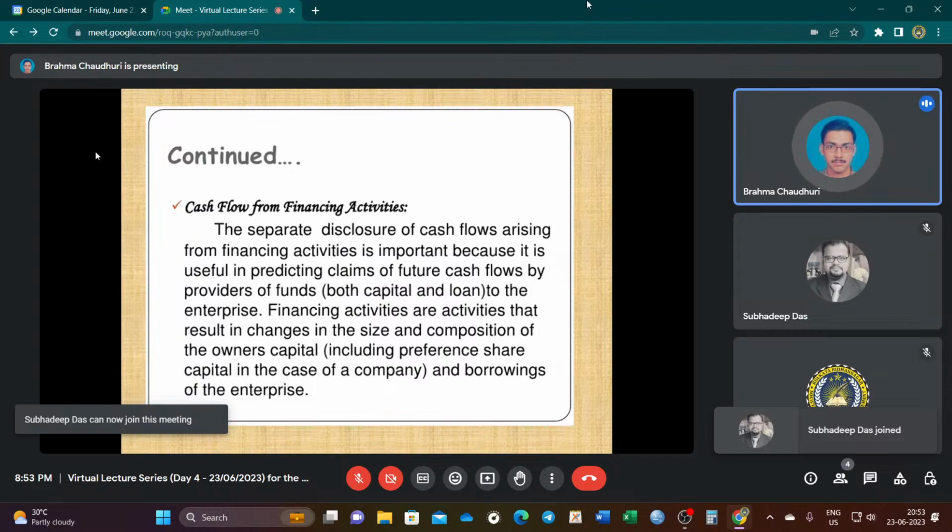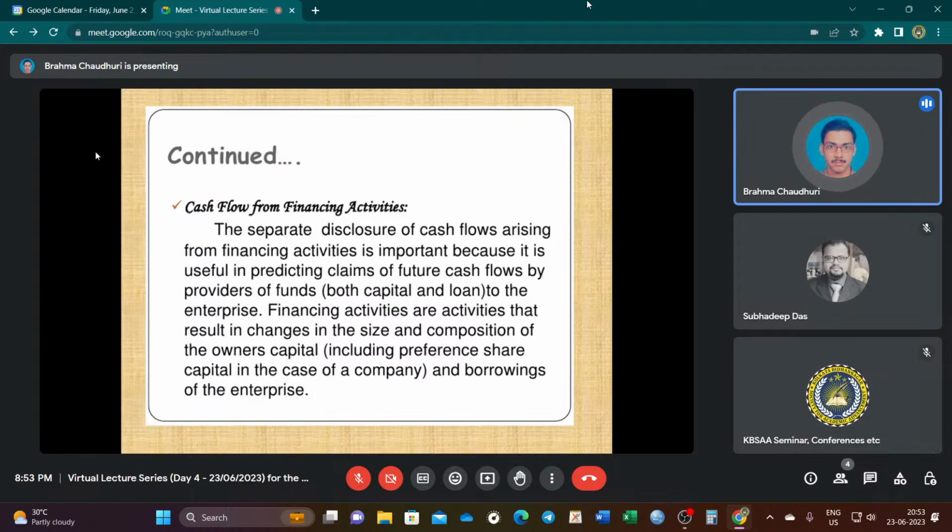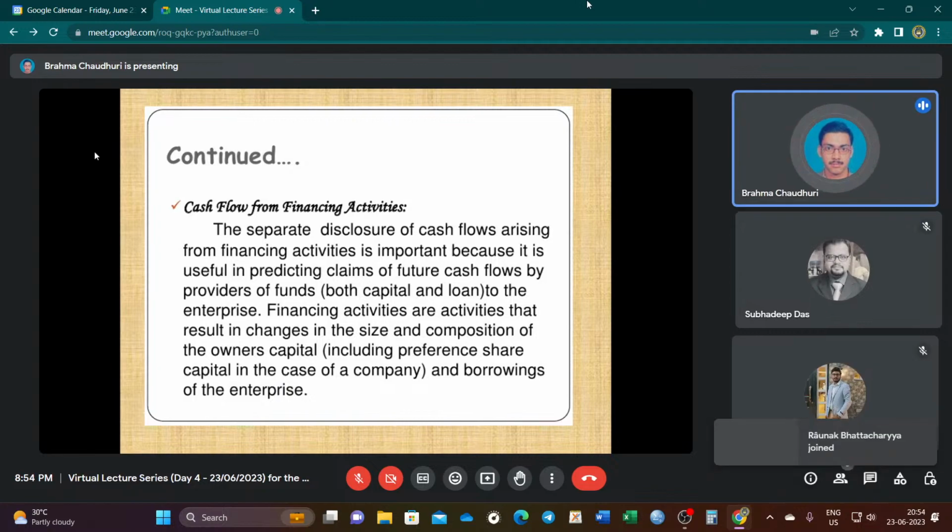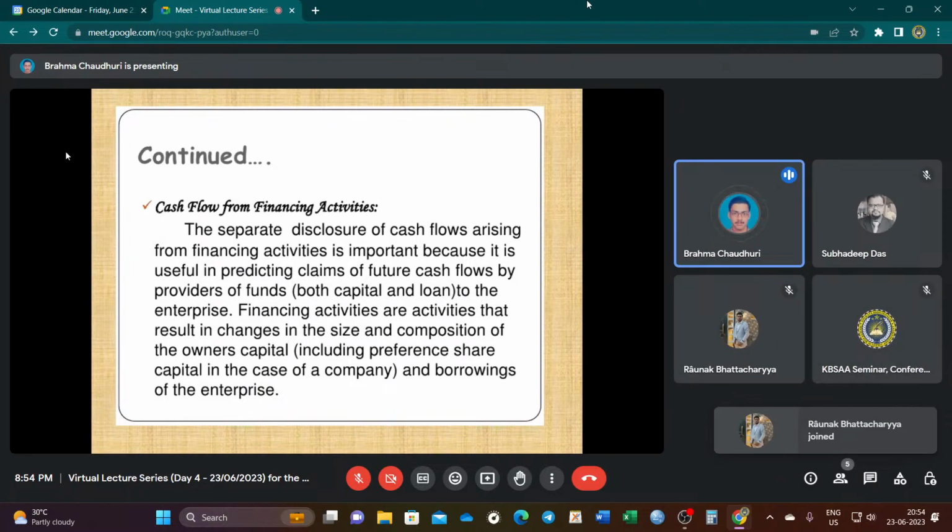So cash flow from financing activities arises from how the finance is raised by a business enterprise, whether by issue of shares, issue of debentures, raising a long term loan, or issue of preference shares. All these come under the purview of cash flow from financing activities.